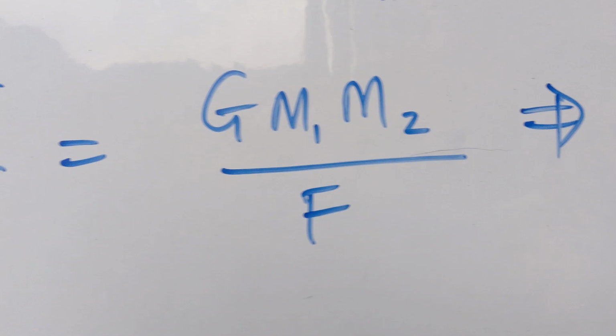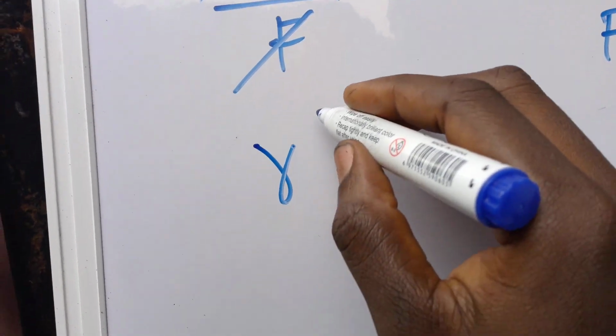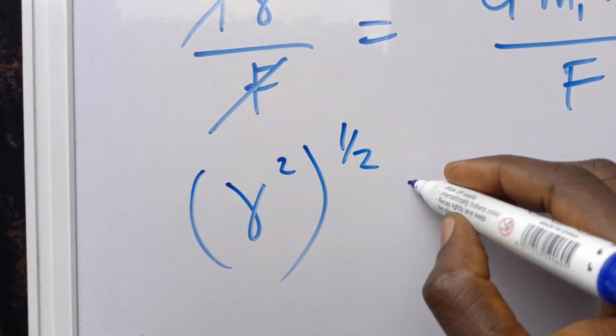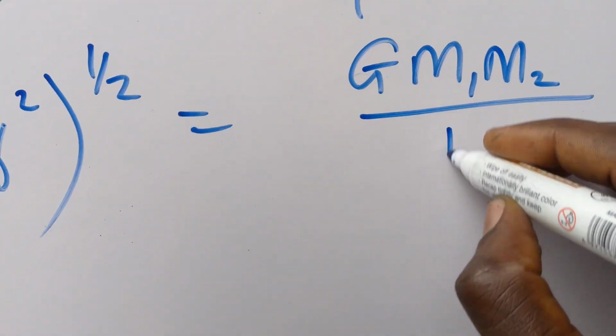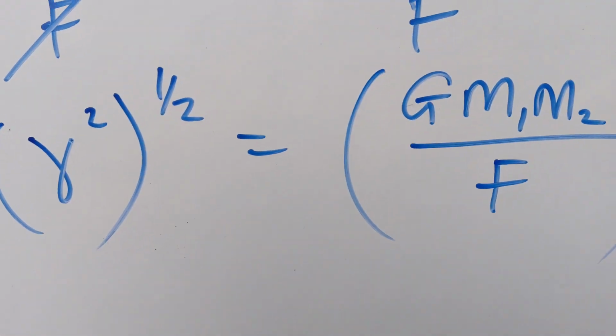Taking the square root of both sides, r square all raised to power half equals G m1 m2 over F all raised to the power of half.